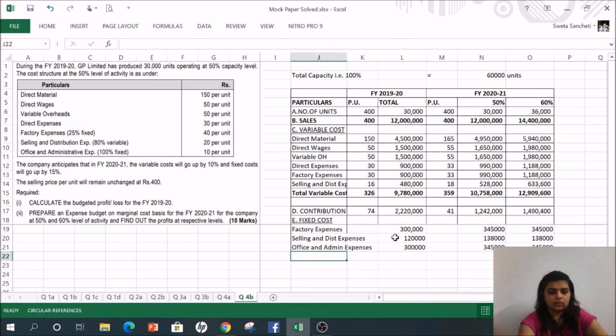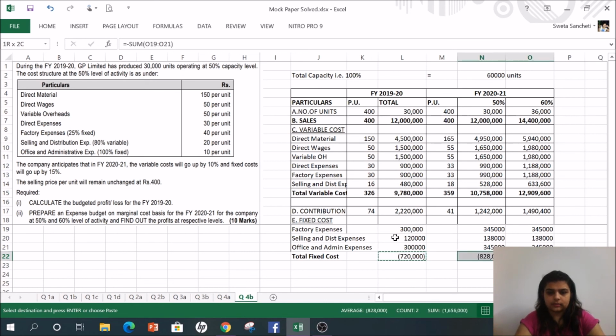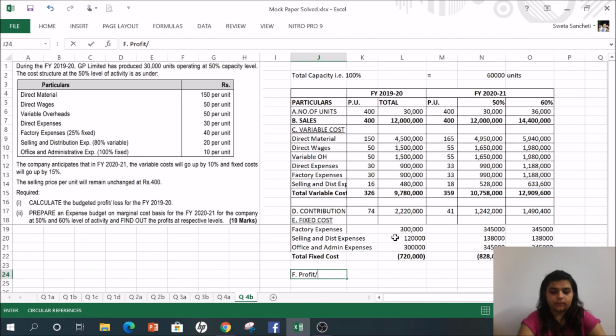So my total fixed cost is equal to this. So what we get is our profit or loss. So contribution minus our fixed cost would be our profit.